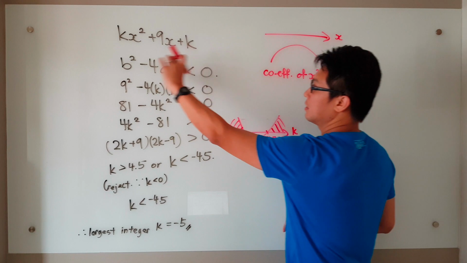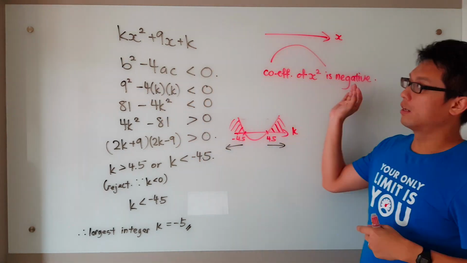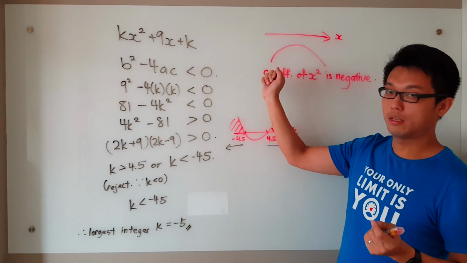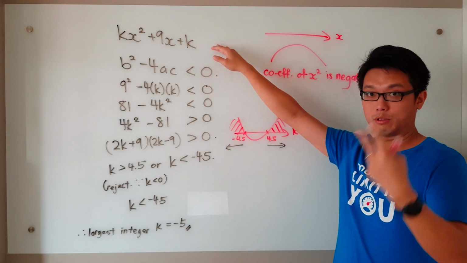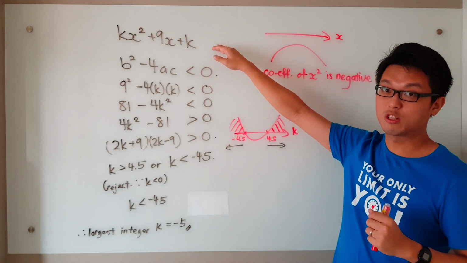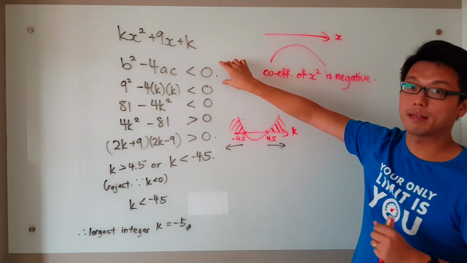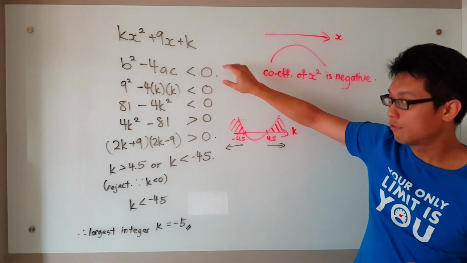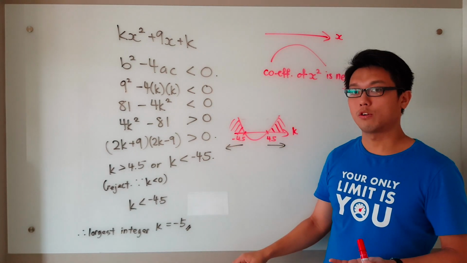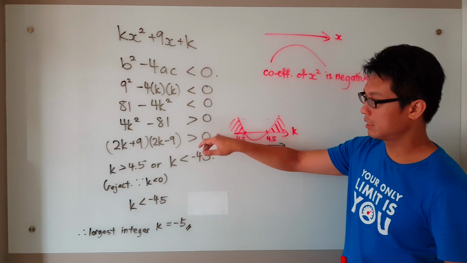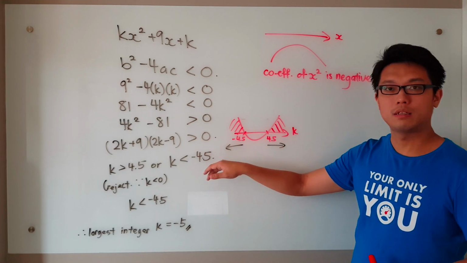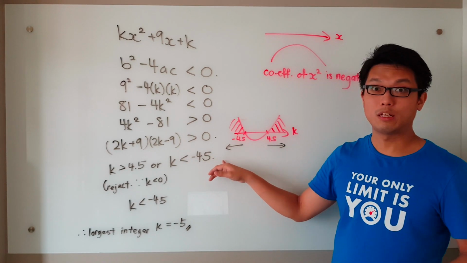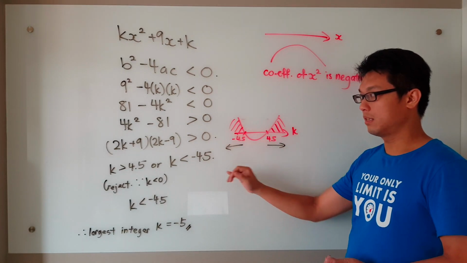No real roots means that the discriminant has to be less than 0. So this is the main key step, key step number 1, to infer from the question using the expression. And then key step number 2 is linking the concept of discriminant so that we can use b squared minus 4ac less than 0. From here onwards is a standard procedure of solving. Then comes the next new part that we are learning, whereby we are solving quadratic inequalities, and we just solve it as we're supposed to.